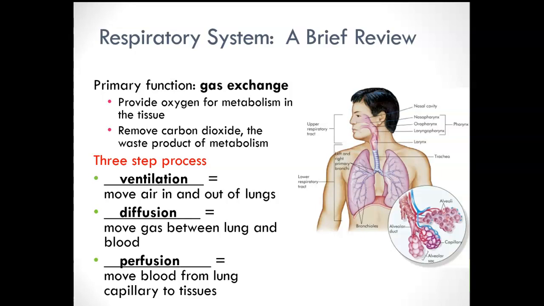Diffusion is the transfer of oxygen between the lungs and the blood. And then perfusion is to move the blood from the lung capillary out to the tissues of the rest of the body. The oxygen in your lungs somehow has to reach your toes. And so that's what perfusion is.